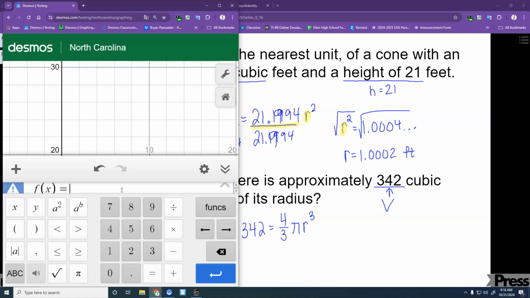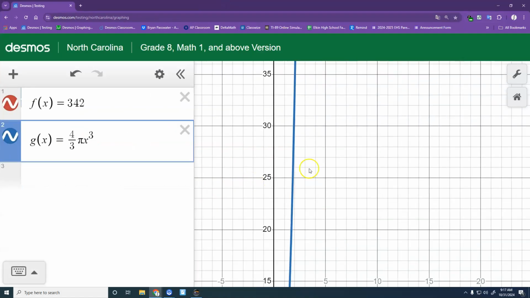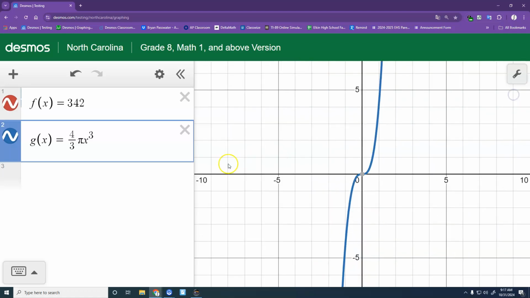F of x equals 342. Next line, g of x equals 4 over 3 pi. We don't use r because Desmos isn't going to like it, so we'll do x to the third. Okay, let me make that full screen so you can see it. And let's hit the house button so we can see what's going on.